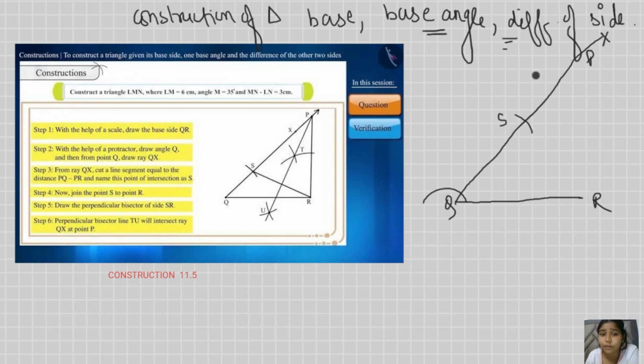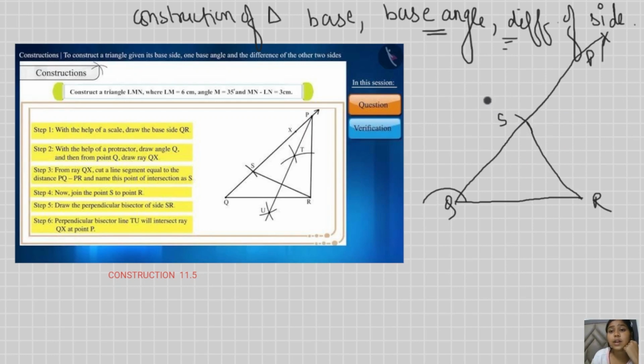Now what we have to do is join these 2 points from ray QX. Okay, cut a line segment equal to the distance PQ and PR, and we have to name it as S. Okay, now join S to point R. Like in the earlier construction, we cut the arc with the help of the sum of the two sides given.